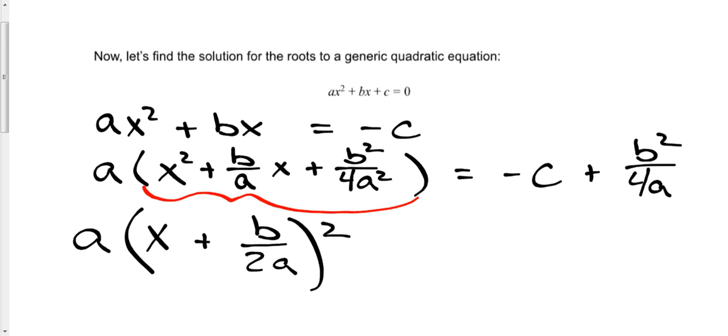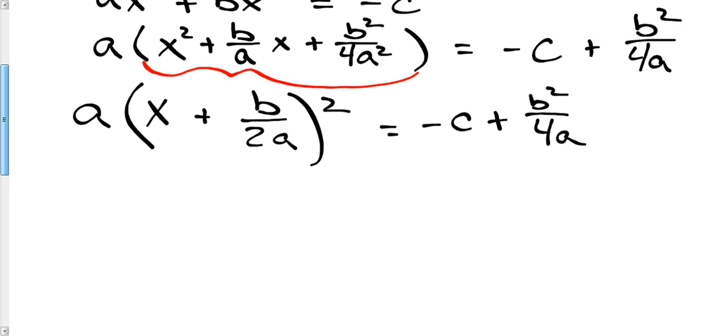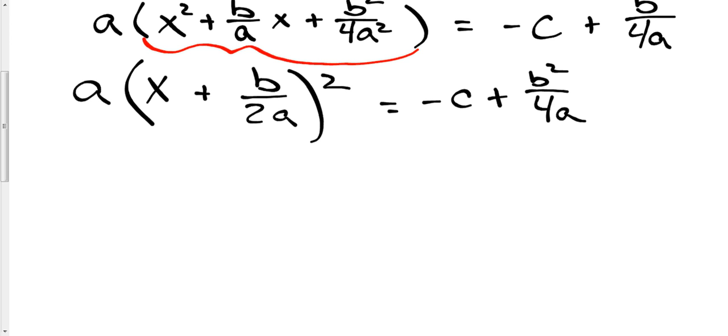And that equals negative c plus b squared over 4a.